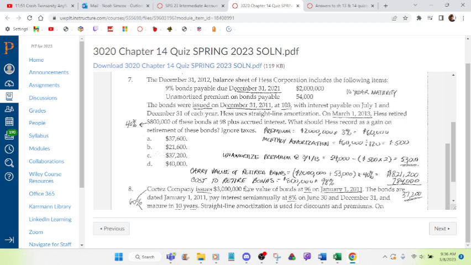What I was trying to do was make a journal entry, and while doing that journal entry, calculate the gain. But it'd be a little bit more simple to do a direct calculation where the carrying value minus the cost to retire the bonds equals the gain or loss.